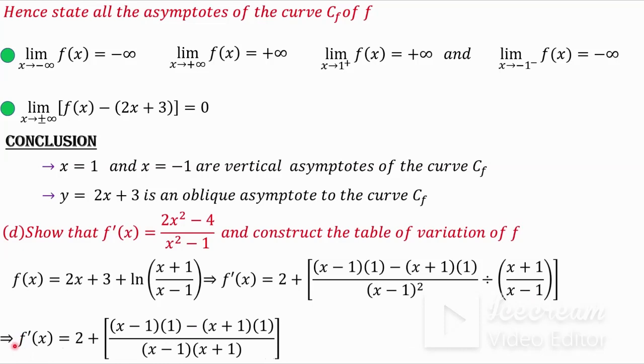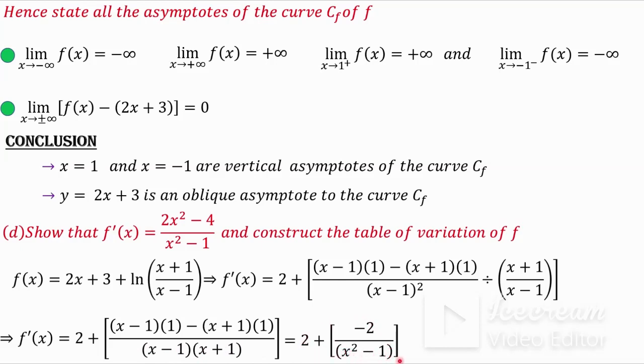Further simplifying, we obtain f prime of x equals 2 plus (x minus 1 times 1 minus x plus 1 times 1) divided by x minus 1 squared, then divided by x plus 1 over x minus 1, which gives x minus 1 times x plus 1. Simplifying the numerator, x cancels with x, then -1 minus 1 is -2. The denominator is a difference of two squares, so we have x squared minus 1.